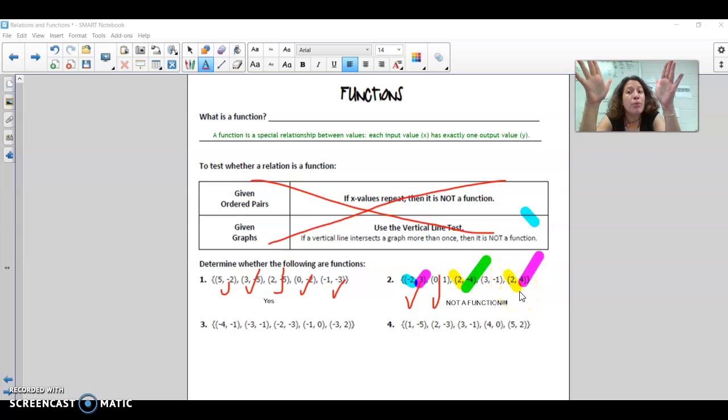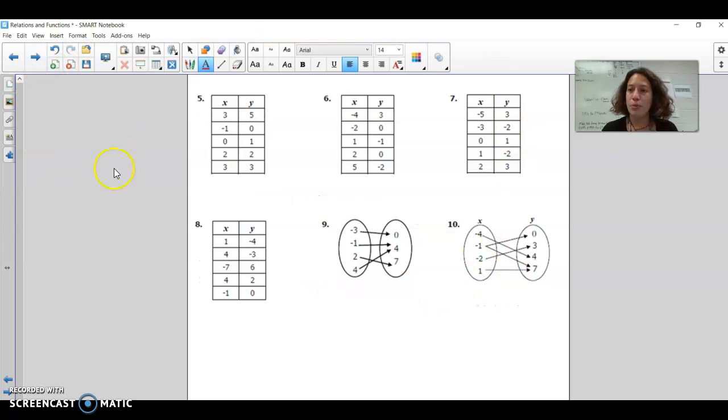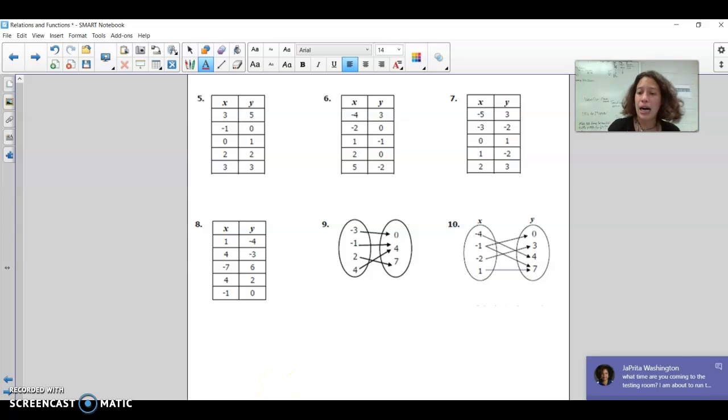It should produce a -4, but did it? No. It made a +4. So this is a clue that this is not a function. This is a relation. It's a group of points, but it's not special. All I wanted to do was a little practice with you guys. This is what you'll see on your assignment for today.